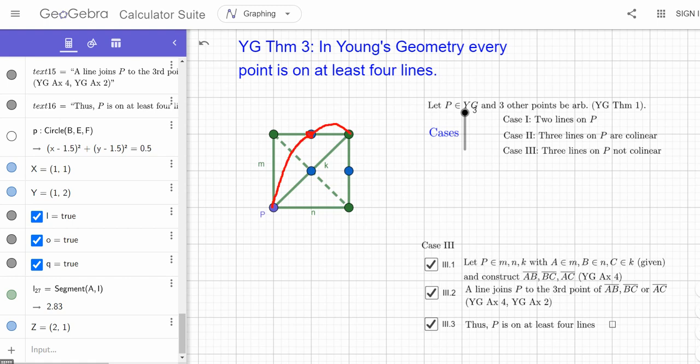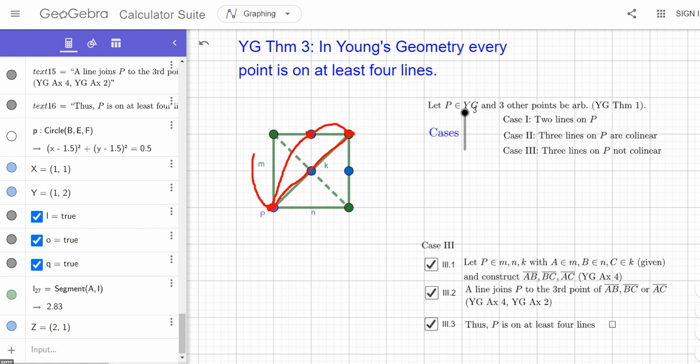Well, that breaks axiom 4, which says that there is a unique line on any 2 points. So we're talking about these 2 points, right? There's this line that's on them, and now we have the other red line on them. So we know that none of the lines that we've drawn already can include this point.